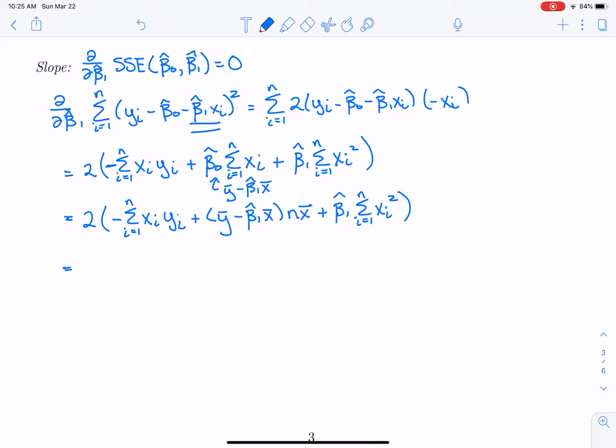Let's do one more simplification here. So we're still going to get 2 times minus the sum from i equals 1 to n x sub i y sub i, plus I'm going to get n x bar y bar when I multiply by that n x bar, and then minus beta 1 hat n x bar squared, and then plus beta 1 hat times the sum from i equals 1 to n x sub i squared.